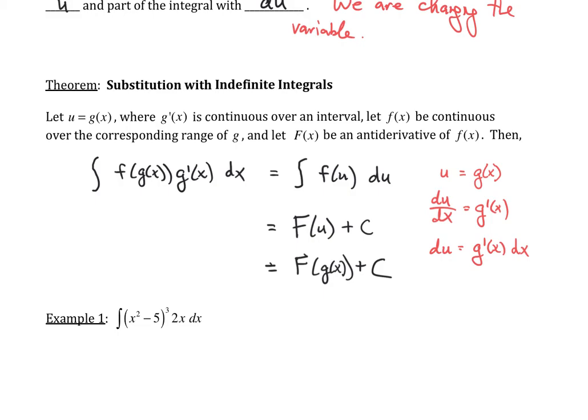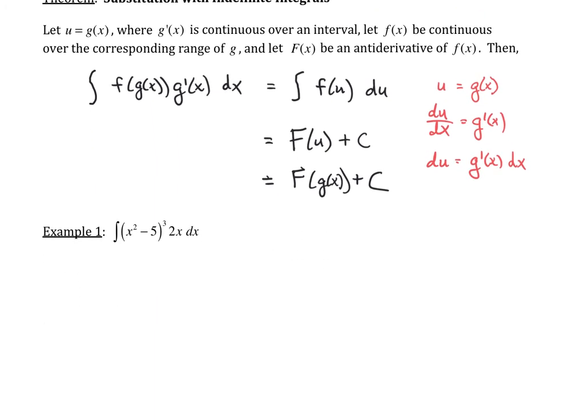The great thing about the substitution rule is we can always check our answer. If you took the derivative of this left-hand side, you should get exactly the integrand of our original question.